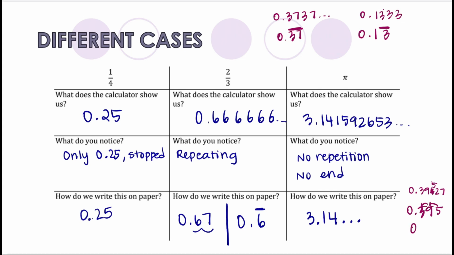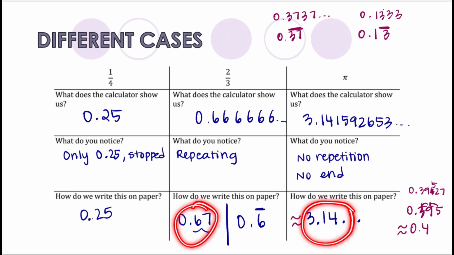So you'd actually round it to 0.4. But then you would put this in front of it. That wavy thing means it's not exactly equal to, it's an approximation, it's been rounded. So those are the 3 different kinds of decimals you'll come across. You'll have a nice decimal, a repeating decimal, or a rounded decimal.